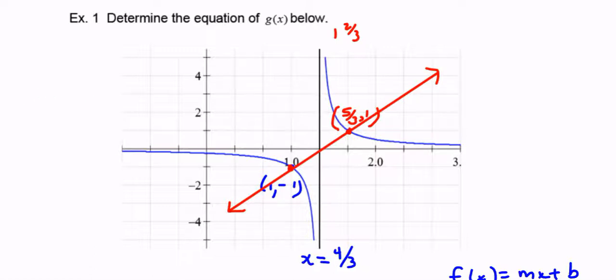We also talked about the areas where the graph was negative and where the original was negative are the same areas where the reciprocal will be negative, and vice versa. So wherever it's negative on the original, it's going to be negative on the reciprocal. So let's think about that.